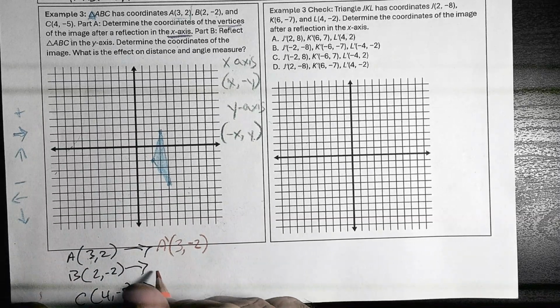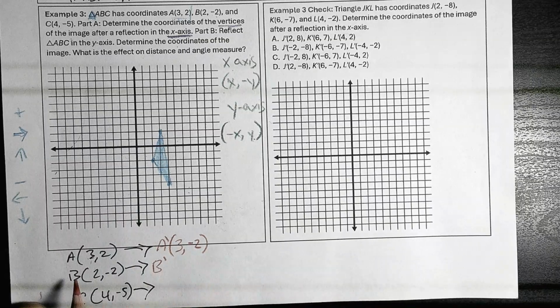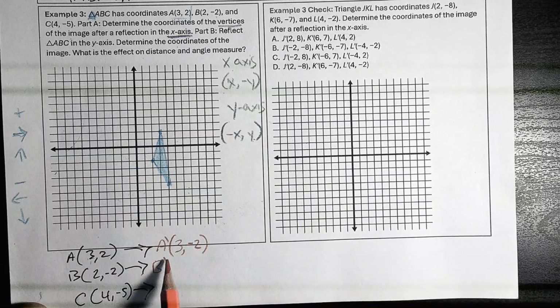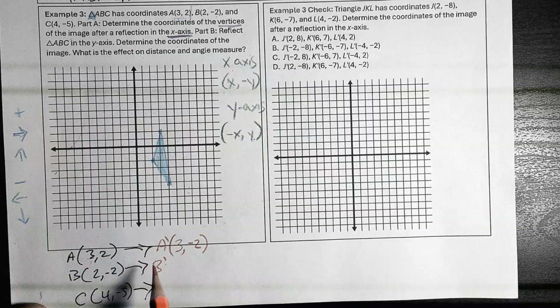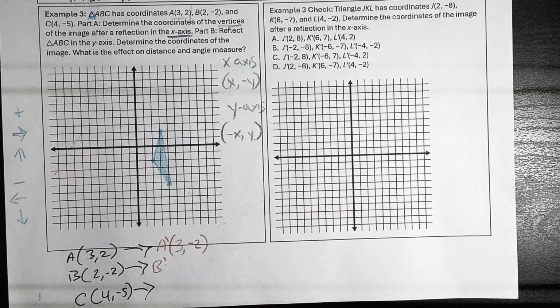Okay, B. And this is prime. We won't talk about this yet, but I'd like to get in the habit of you guys writing it. So this is B, this is B prime, and then over here it's just going to be B double prime. Don't worry, we're not going to say that all the time, or we would be saying prime half a class for the next couple of weeks.